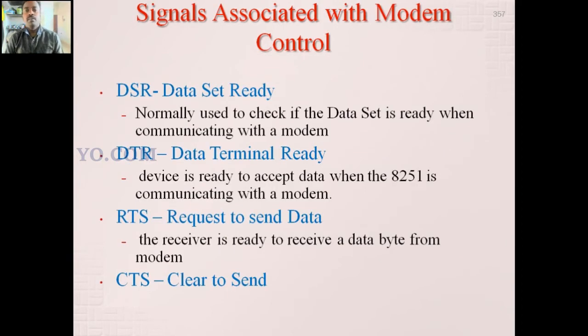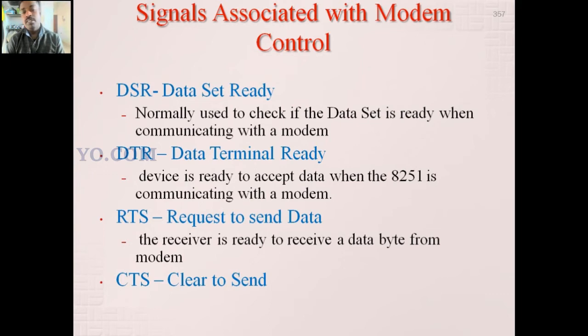Then the signals associated with the modem controller. Modem means modulator, demodulator, which is used to handle the data. DSR, or data set ready, is normally used to check if the data set is ready when communicating with the modem. If it is not ready, we cannot communicate with the modem. DTR, or data terminal ready, means the device is ready to accept the data when the 8251 is communicating with the modem.